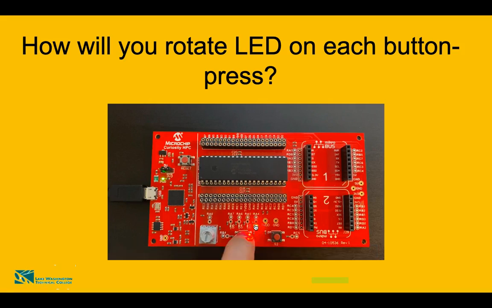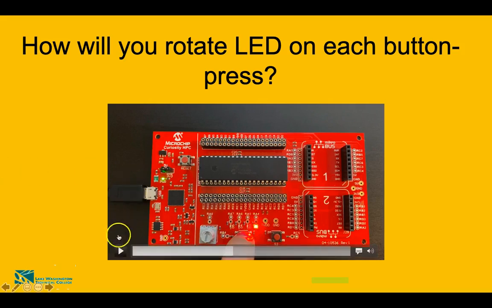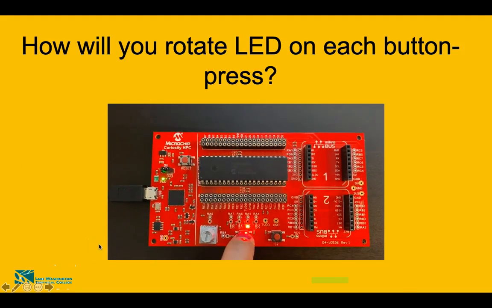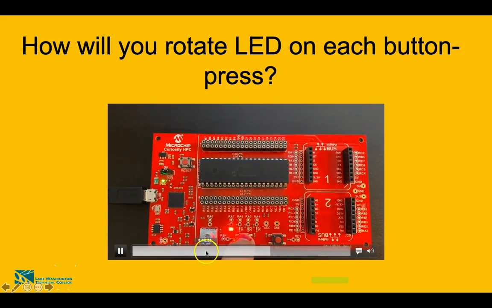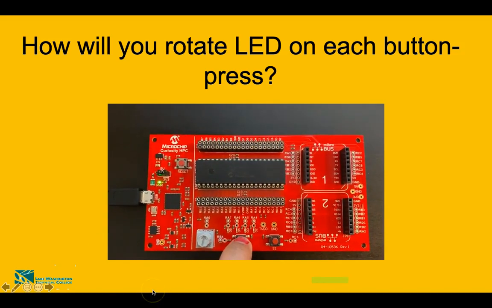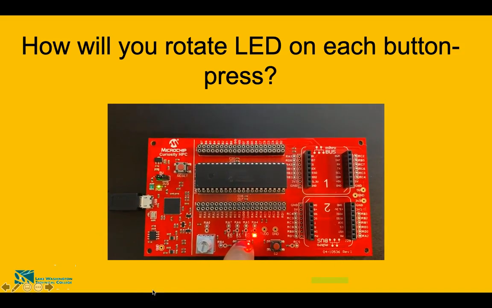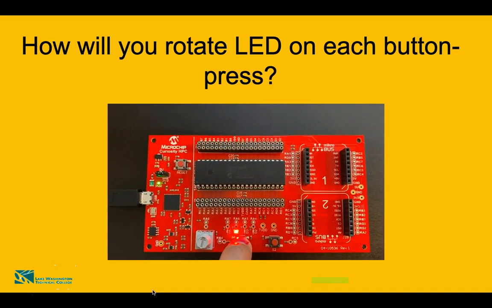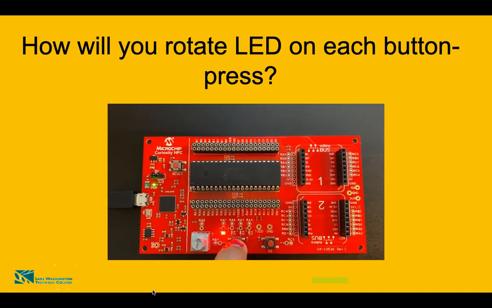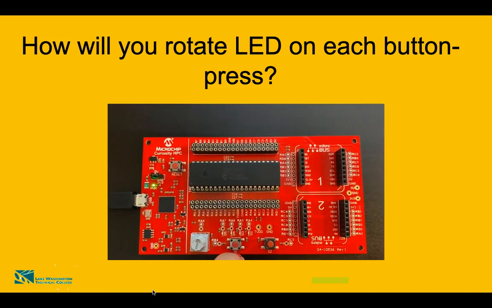Okay, so watch that carefully and then I'll explain later on. So you see the LED is turning on, and now RA7 is turned on and there is some lag, and then RA4 is turned on.